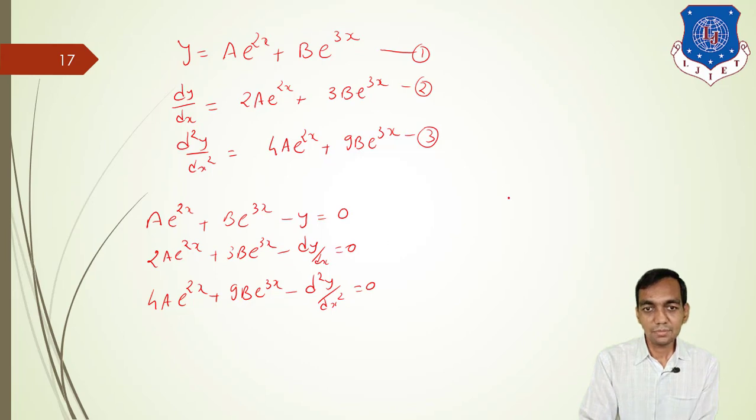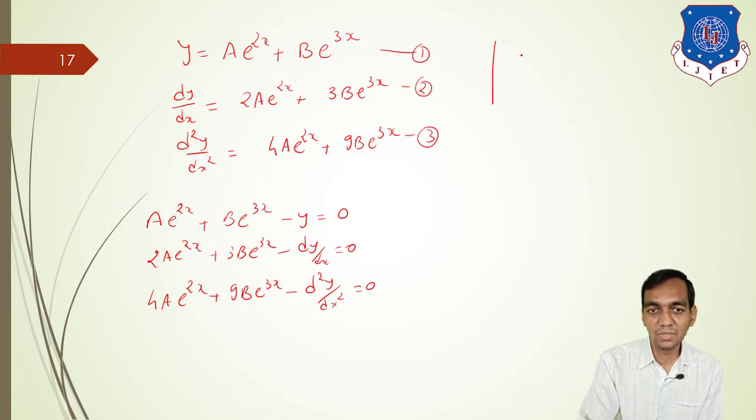Now see, if you have to solve this, then there is the method of determinants. a e raised to 2x is one variable and b e raised to 3x is the second variable. So you can write this in the form of 1, 1, minus y, then 2, 3, minus dy by dx, and 4, 9, minus d square y by dx square, and solve this determinant.